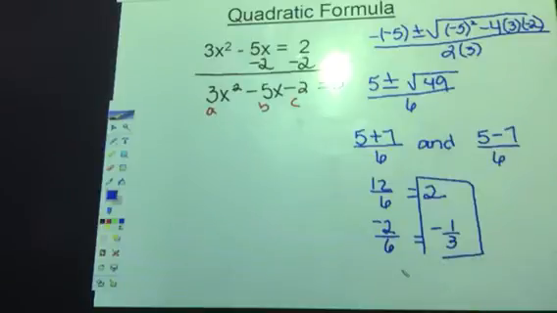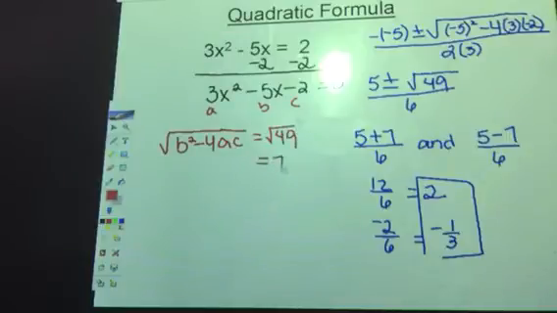I do want to take a minute to look at the discriminant to show you how that works. Remember, the discriminant is b squared minus 4 times a times c. I'm just going to substitute that as we've already done here, and you will get 49, whose square root is 7.